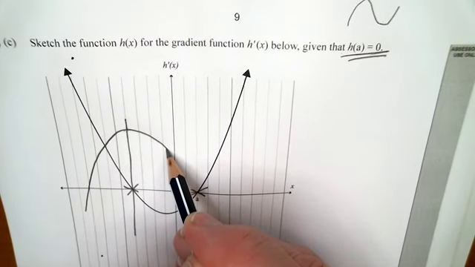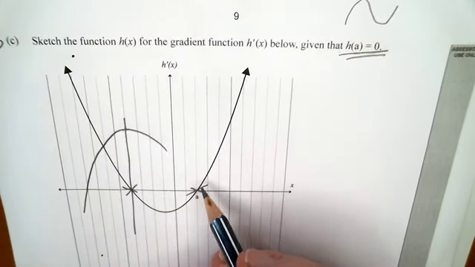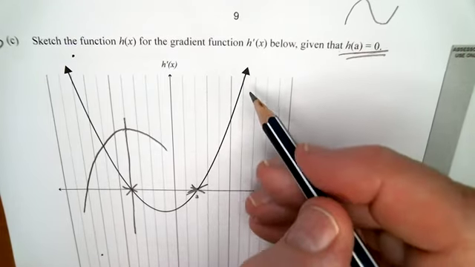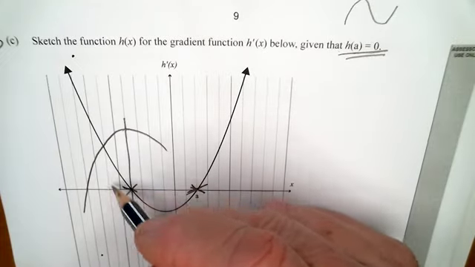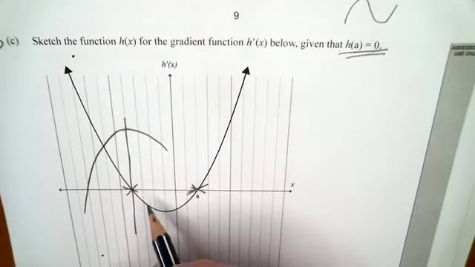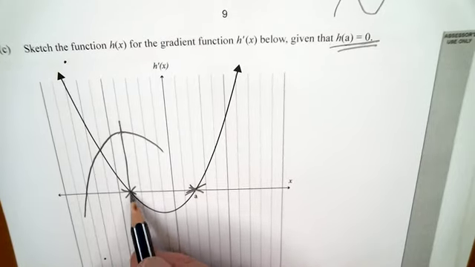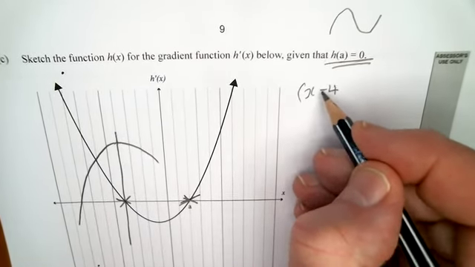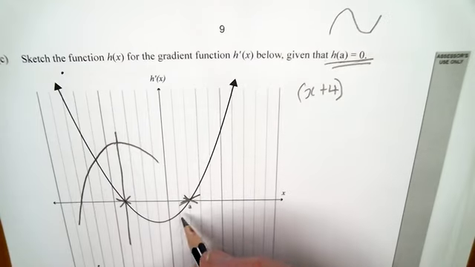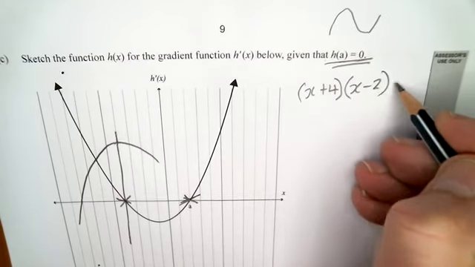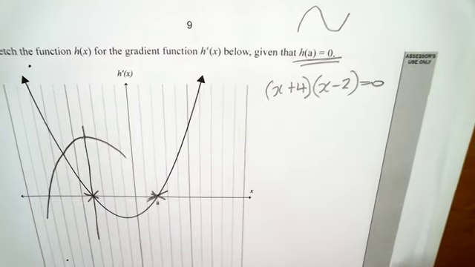Now, the thing about it heading down is we do know something about this point here, and that is when we find the integral of this thing here, and we can roughly do the integral, by the way, because we know that this is, let's call that -4. So we've got x plus 4, and this is going to be a 2, which is x minus 2, and we'll make it equal to 0, so we can solve it.